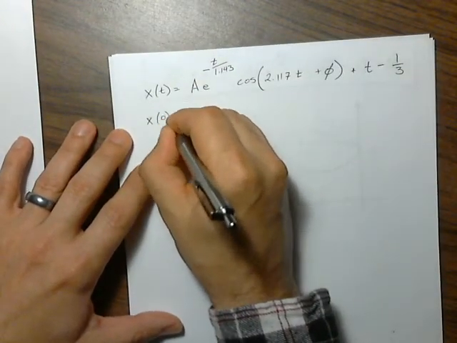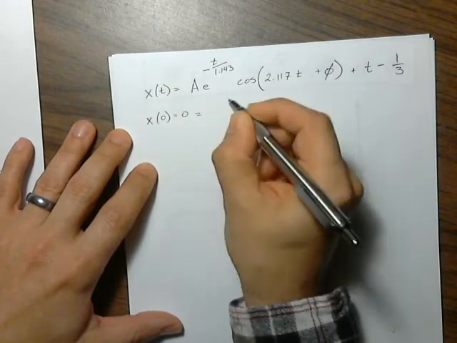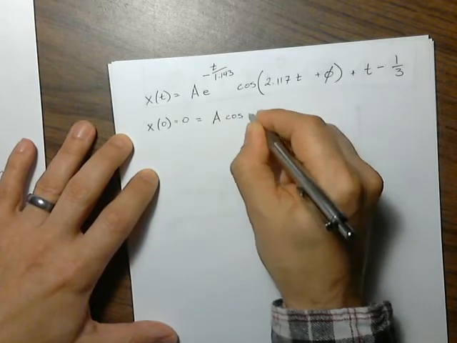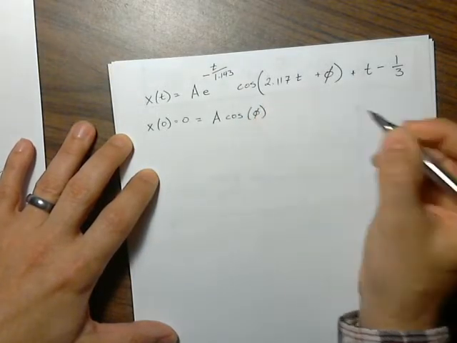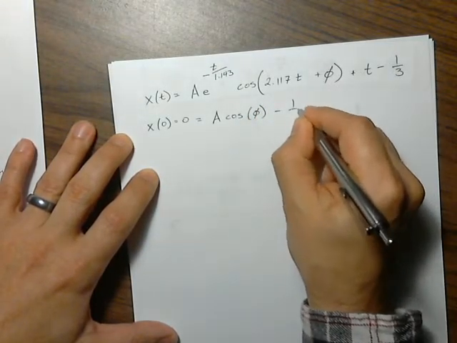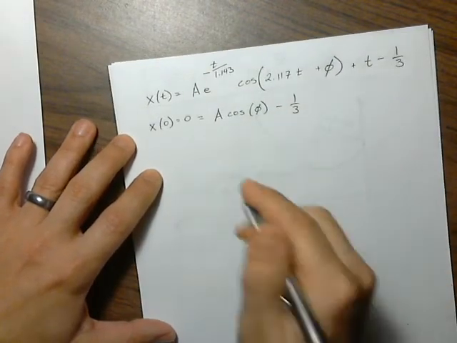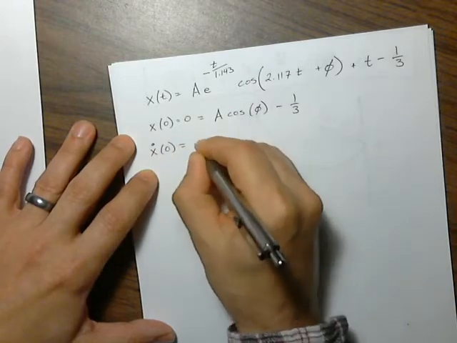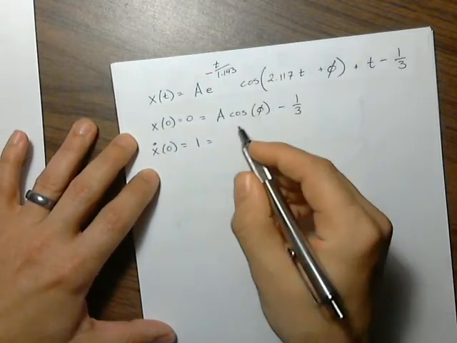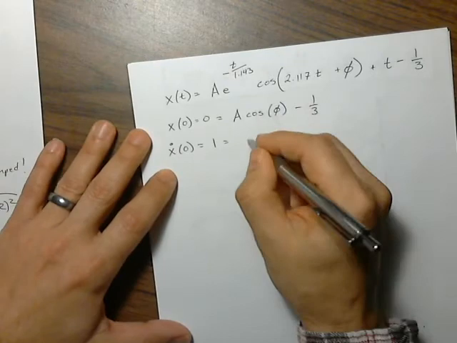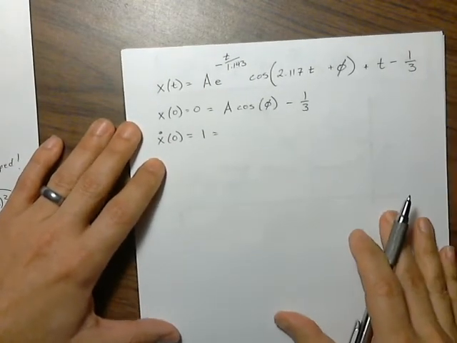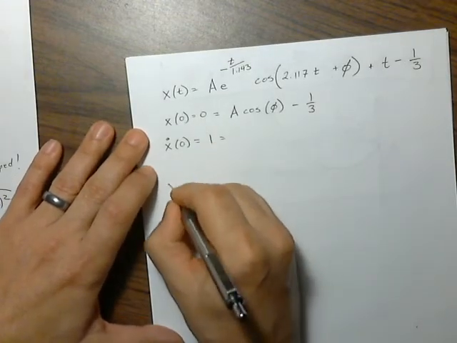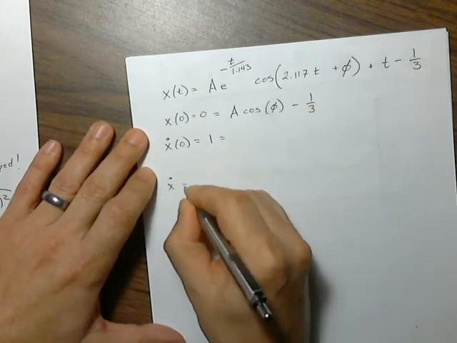So the initial condition must equal 0 when time is 0, which is just A times cosine phi minus a third. Okay. X dot at time 0, which must equal 1, we said. Well, this one's going to be a little more complicated. Okay, so I'll come back to this. First, let's evaluate x dot. Got ahead of myself, didn't I?